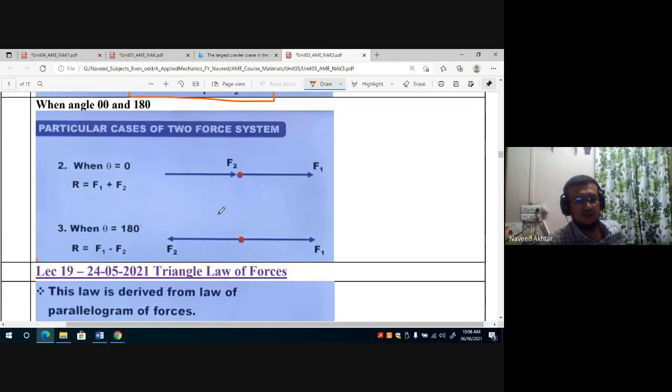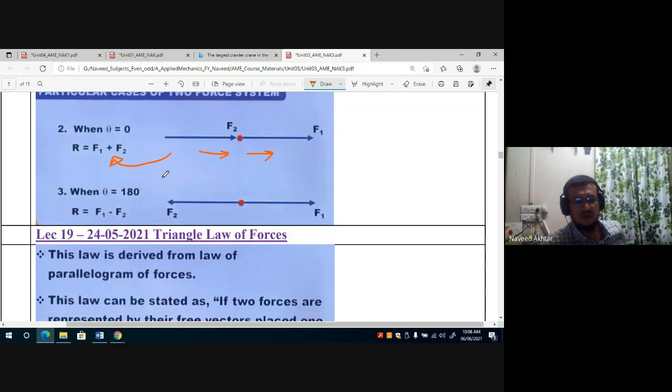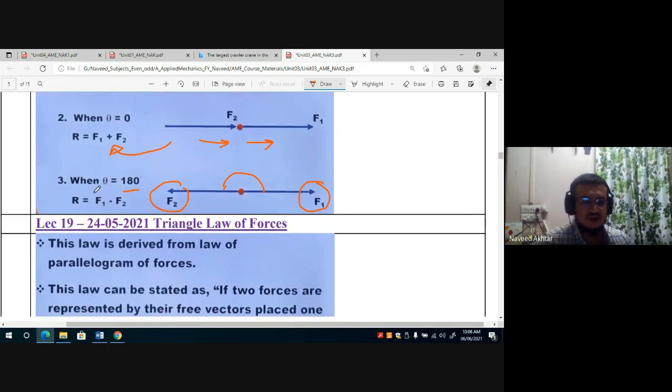Also when theta is 0 and the forces are in the same direction, it is simply the addition of the forces, like 1 plus 1 is 2. Similarly, if the forces are in a single line and theta is 180 degrees, the forces are opposite to each other, so simple subtraction will be there, and the final sign plus or minus shows the direction of the resultant.